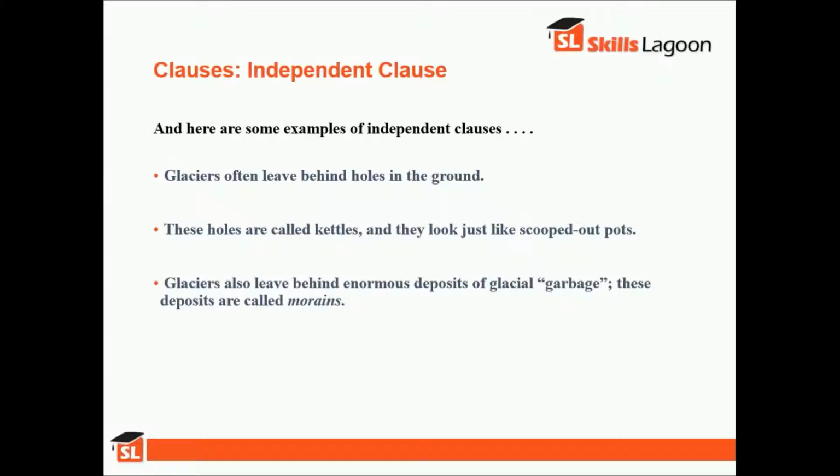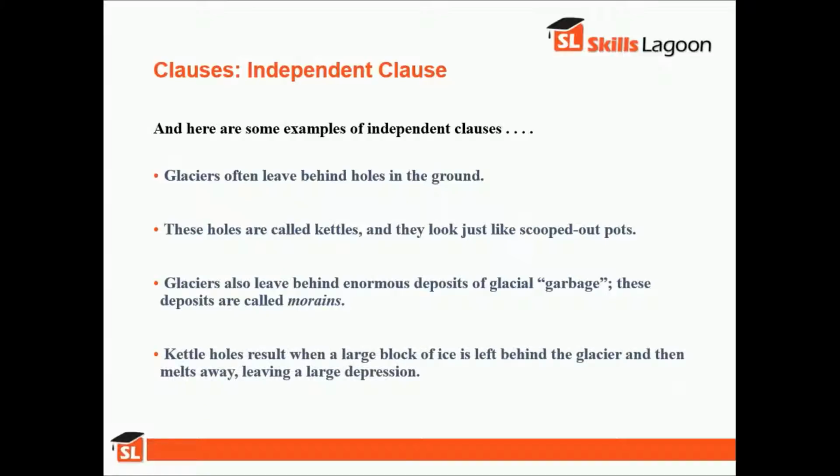Look at this one with a semicolon. We use a semicolon to join independent clauses which are related to each other. Now in this one, we will have a detailed look at it on the next slide.